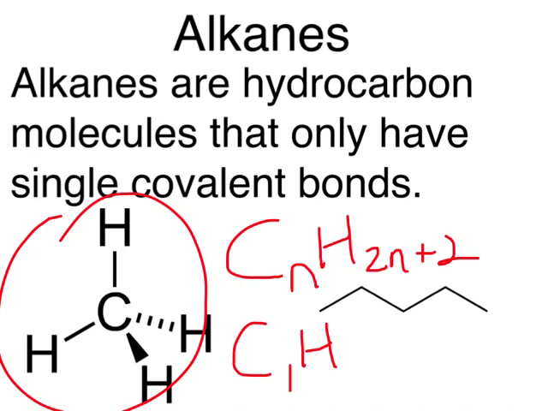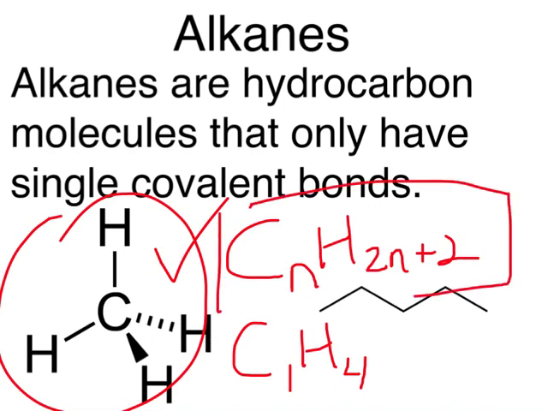So it would be C1H4. And look at that. That's exactly what we have for this one here. Okay, so this formula right here is very important. If you have the name of the hydrocarbon and you know it's an alkane, you can use that formula to figure out exactly how many carbons and hydrogens should be in the molecule so that you can draw it properly.